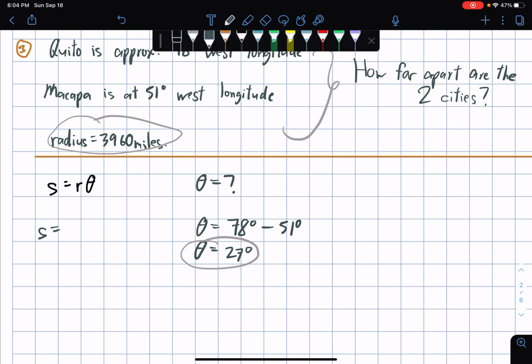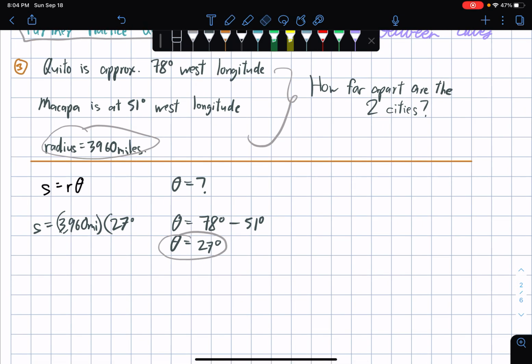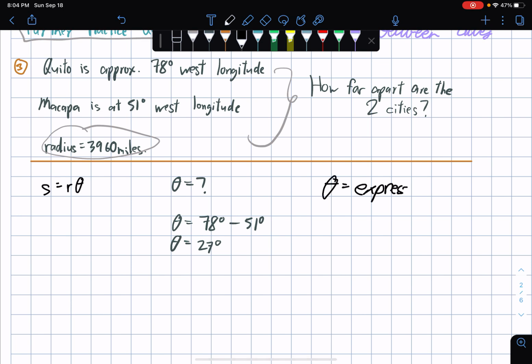So assemble. Radius is 3,960 miles. Then we multiply it with 27 degrees. So hang on. Before that, this is a mistake that I finally made again. As stated earlier, theta is expressed in radians.